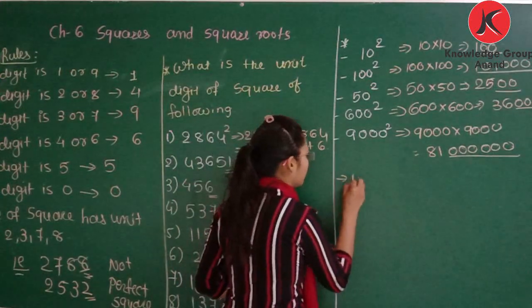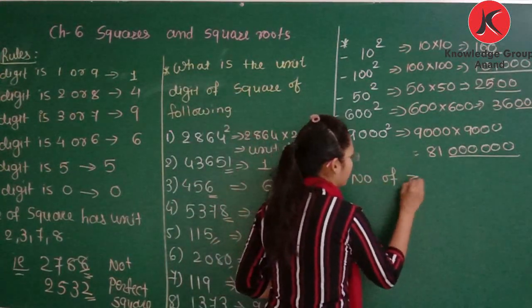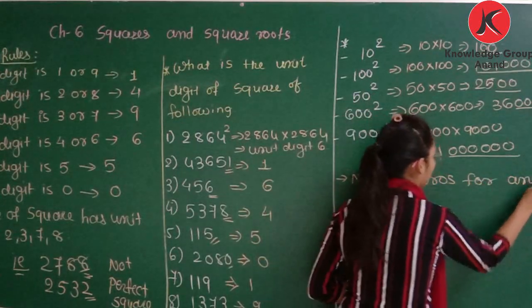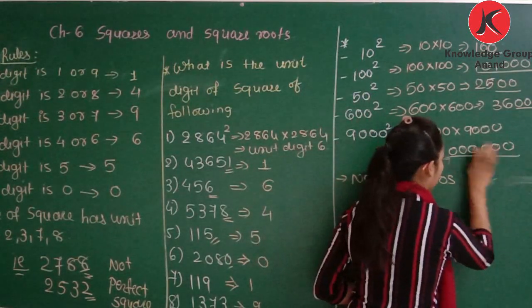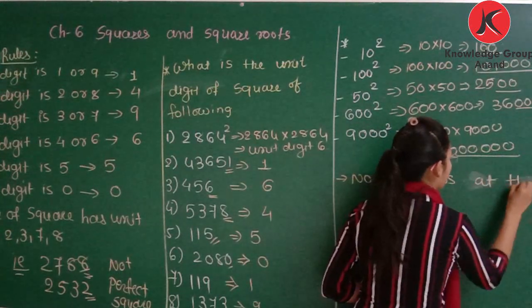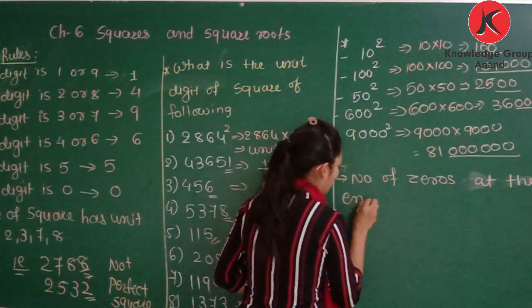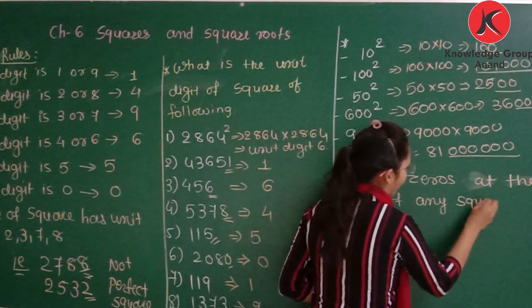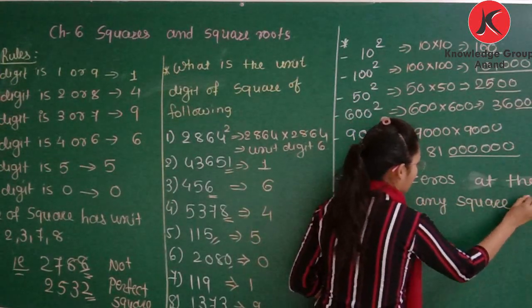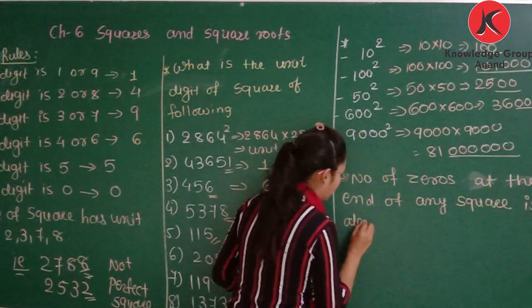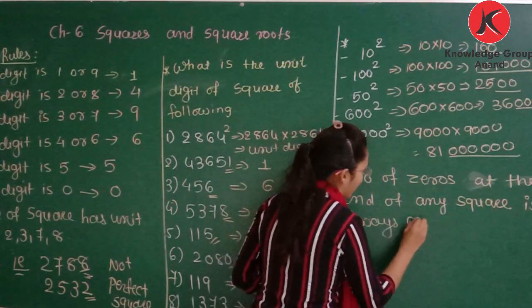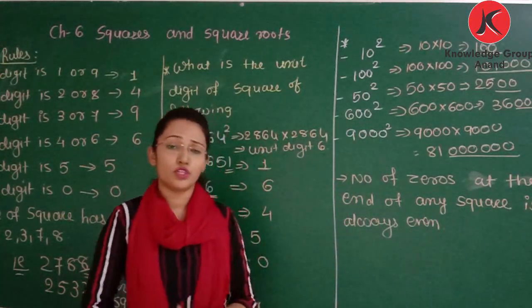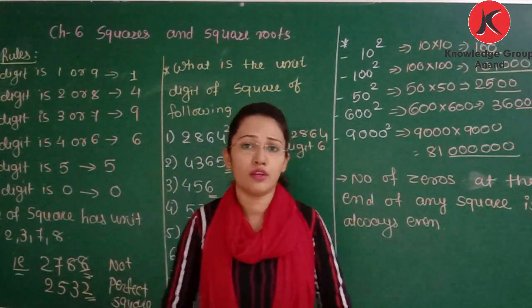So you can write, number of zeros at the end of any square is always even.